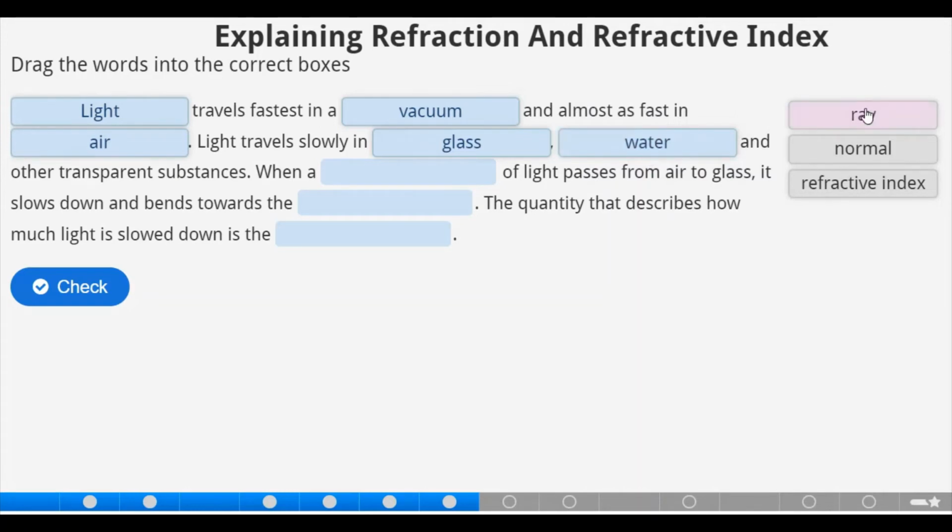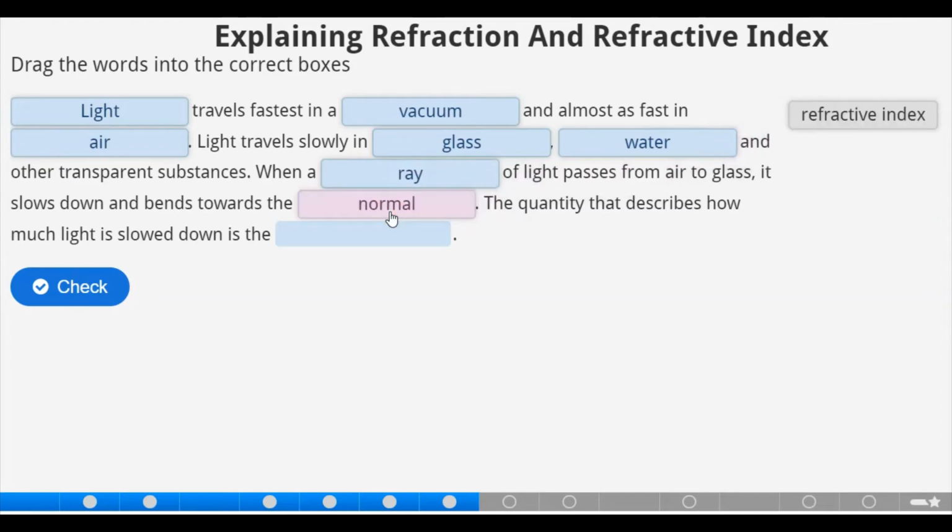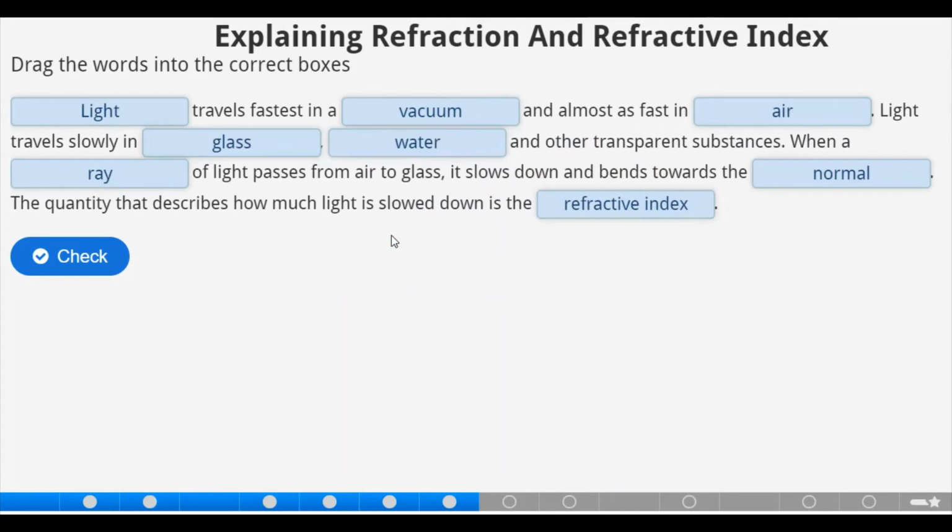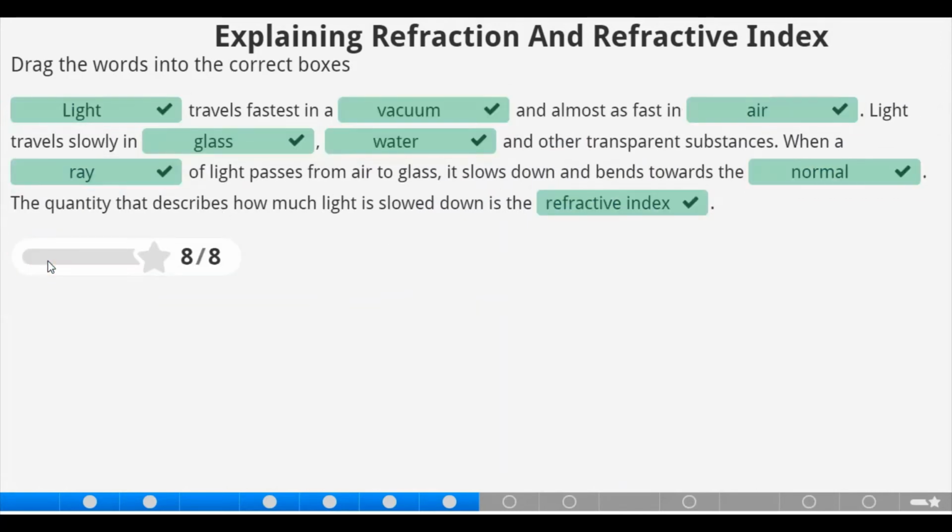When a ray of light passes from air to glass, it slows down and bends towards the normal. The quantity that describes how much light is slowed down is the refractive index. Let's check. That is correct.